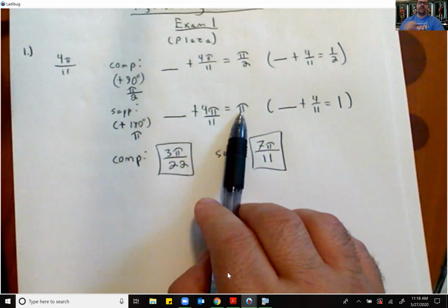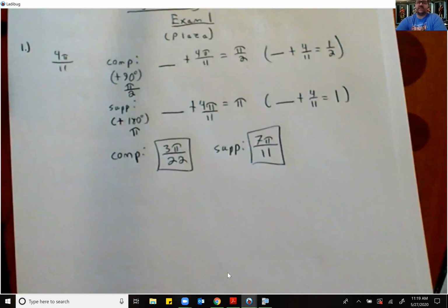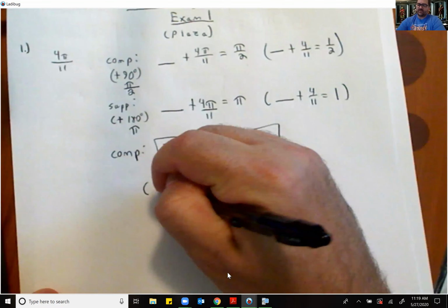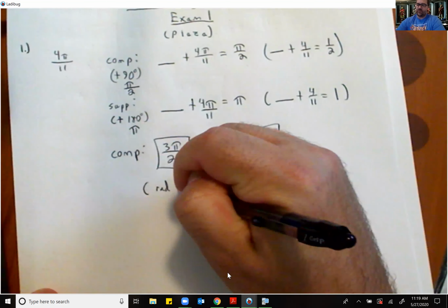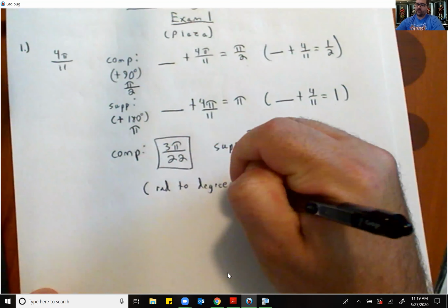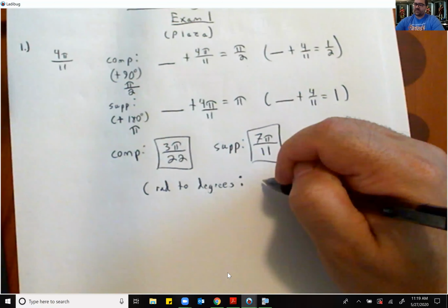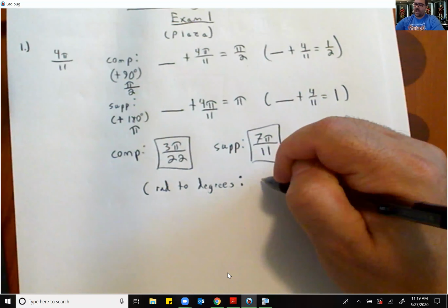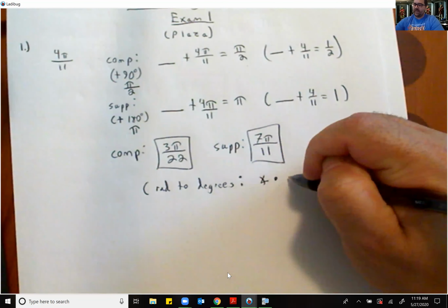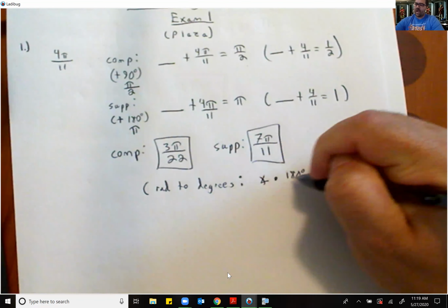Okay? Another way you could do this, if you don't like working in radians, change them to degrees. There's nothing wrong with that. But just know that in the end, you're going to have to change the degrees back to radians. So remember, changing radians to degrees, all you got to do is take your angle and multiply it by 180 degrees over pi.